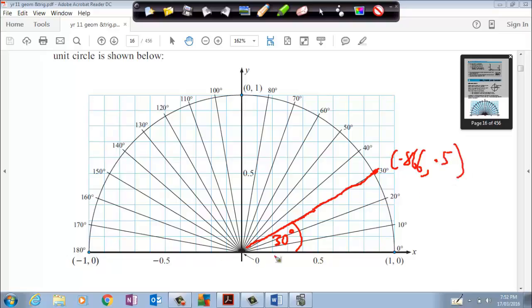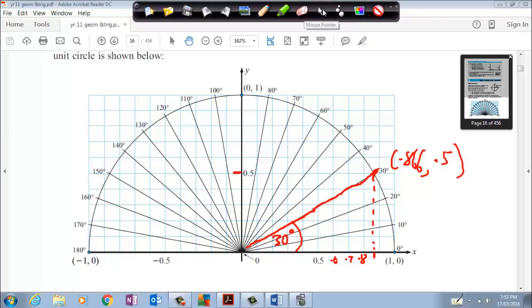And if you look at this here, there is our triangle, and we can see the x-coordinate is sitting here at 0.866, because that's 0.5, 0.6, 0.7, 0.8, it's about 0.86. The y-coordinate is sitting up here on the y-axis at 0.5. So that agrees with this graph with half of the unit circle.